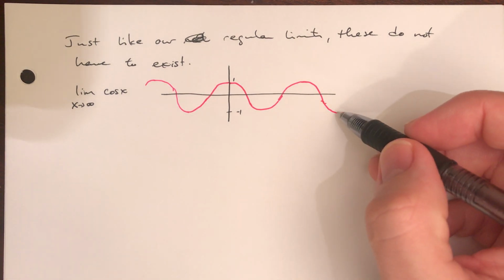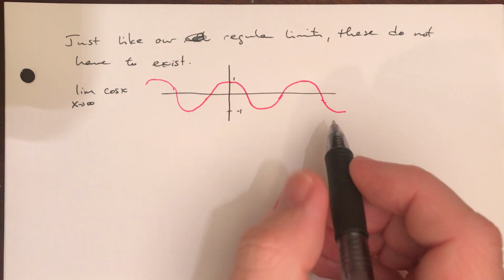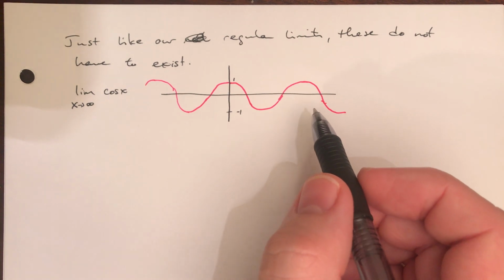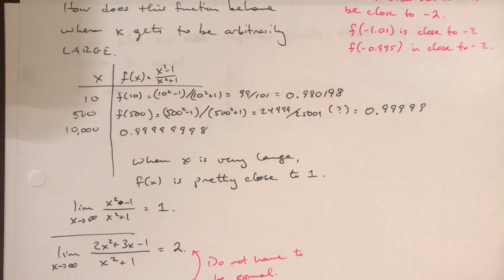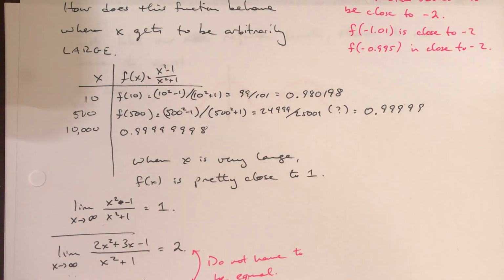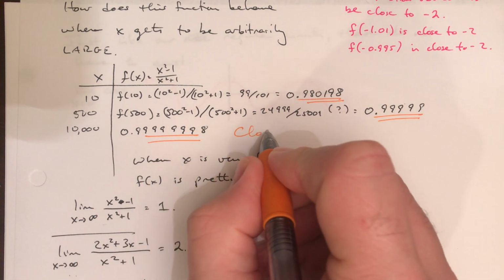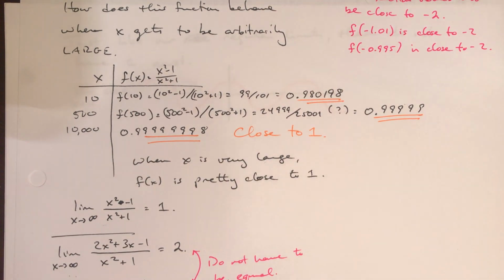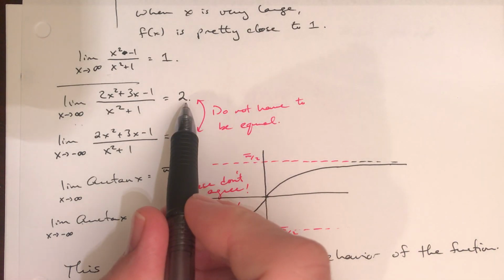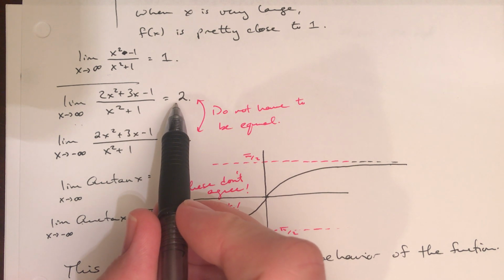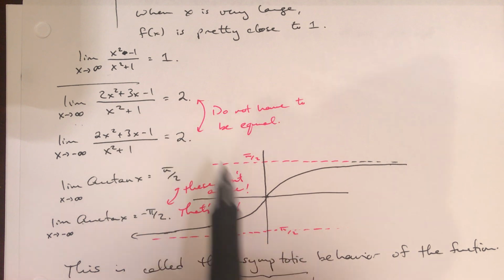And so the y values on this curve are never going to approach a single value in the way that they did for our previous limit. Notice that all of these numbers are very close to 2. If we were to plug in very, very large values for x here, and again, we did that with our calculator, the results were all very, very close to 2.